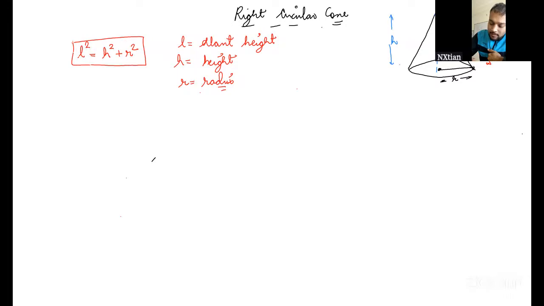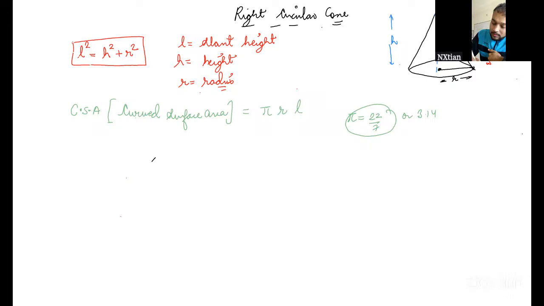Now, there is a formula for the CSA, which is also called curved surface area. The formula is pi r l, where pi you can use as 22 by 7 or 3.14.